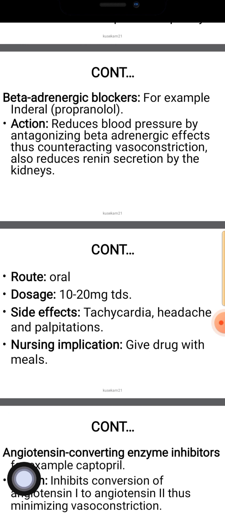So propranolol is a drug that inhibits the production of renin. Remember that renin contributes to raising blood pressure. So when you administer propranolol, it will inhibit the production of renin enzyme, so there won't be constriction of blood vessels, bringing what? High blood pressure. So this one inhibits that, so as to maintain the blood pressure.